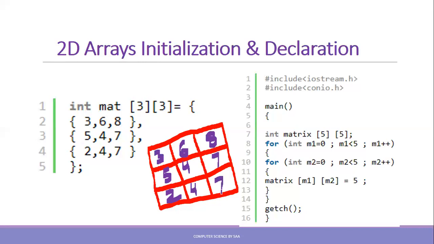When this code is executed, an array will be created with the name mat, and it appears like the matrices that you study in your mathematics. And this is how the values will be assigned to the rows and to the columns. Now come towards the second example that is mentioned.